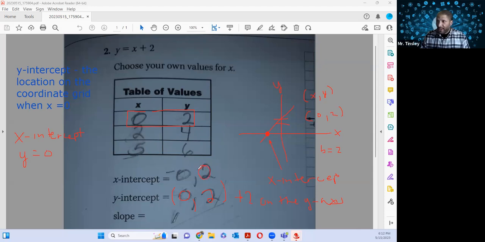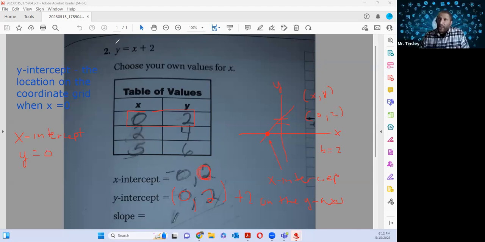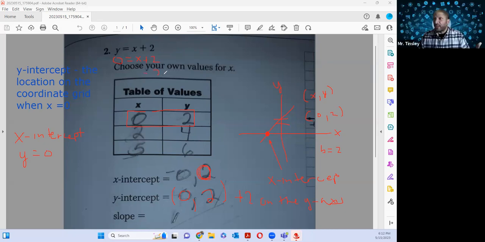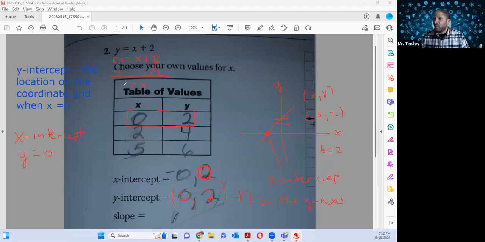So if we plug the y as 0, we're going to have 0 equal x plus 2. Now, to get x by itself, we got to subtract 2 from both sides. Right. So I'm running out of room here, but we're going to get x equal minus 2. So your x-intercept is minus 2, 0.